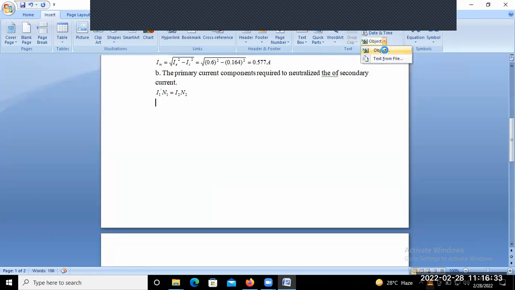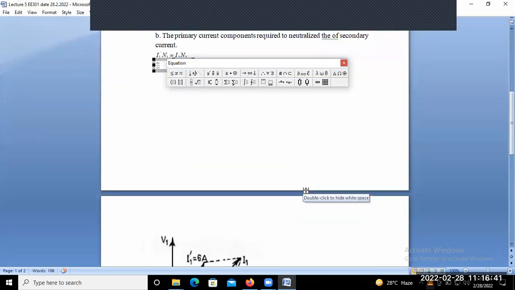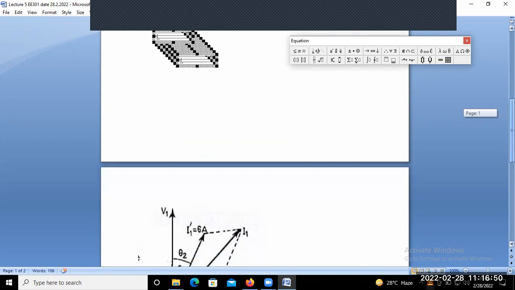So just tell me the value of total current of the primary side. From this phasor diagram, you can find the relation between I1, I1 dash and IE.